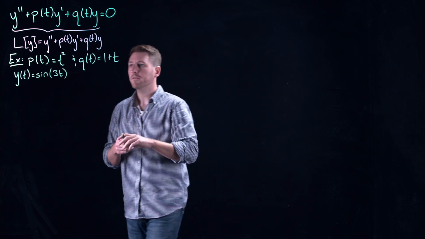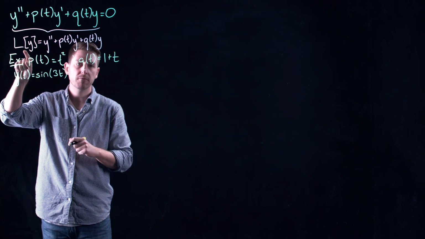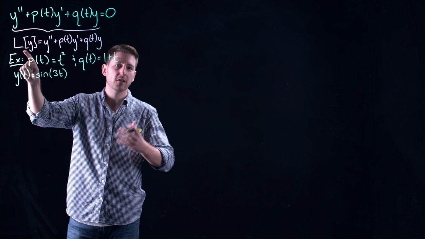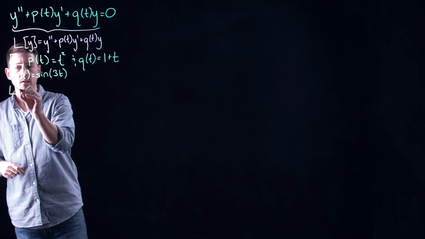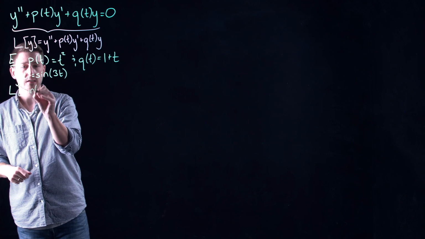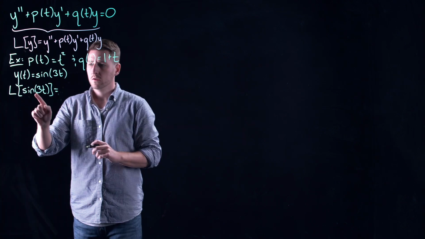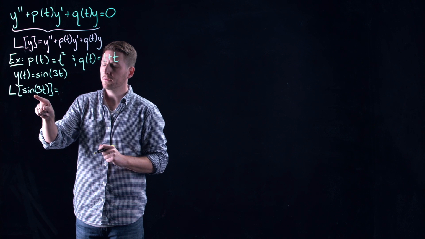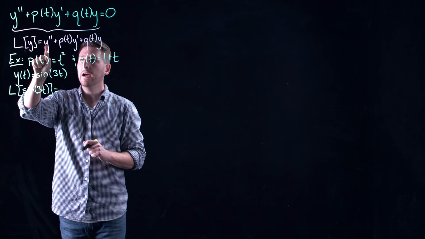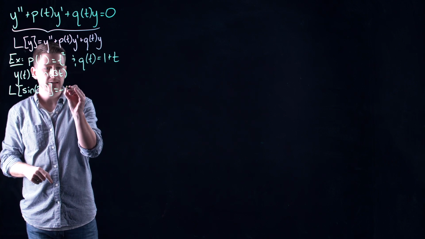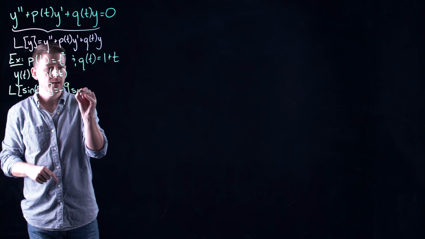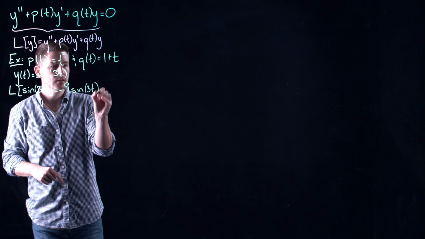But what happens if I put it into my function of functions? We typically call these things operators. If I put this into my operator, I get L of sine of 3t. So when I put the function sine of 3t into this, I get first its second derivative, which is minus 9 sine of 3t.